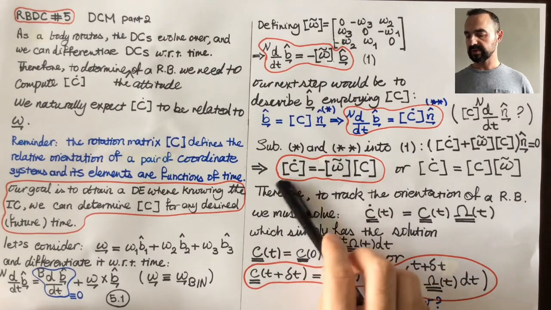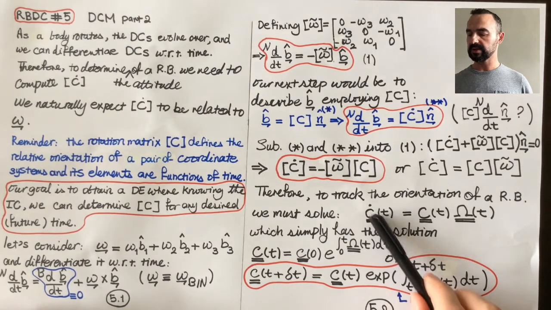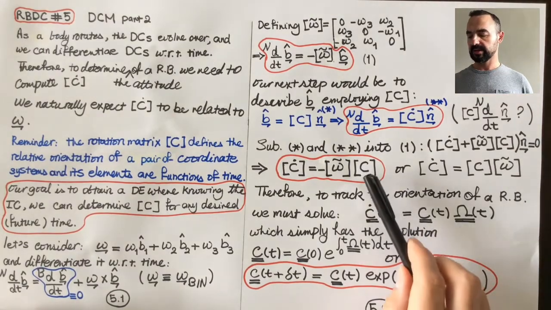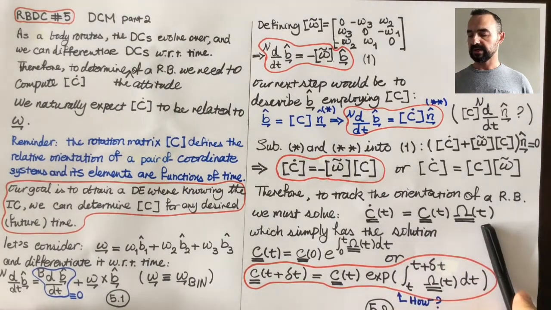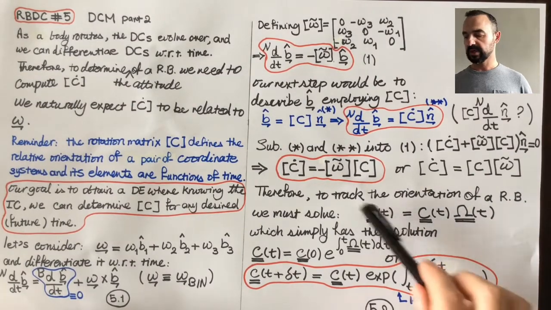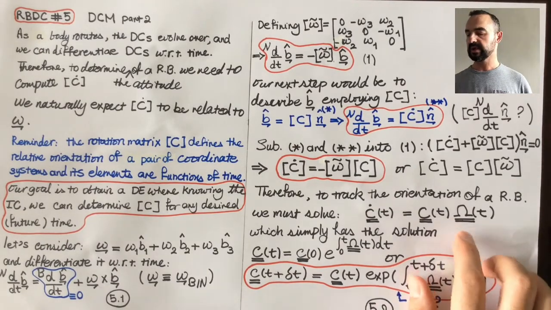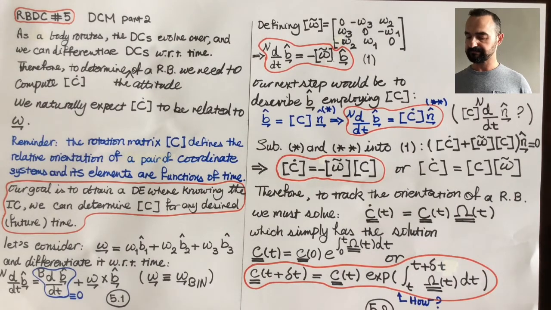So, if I'm just dropping these square brackets for clarity of notation, and just using this double underline, C dot is equal to C(t) omega(t). So I'm changing the order of this matrix product. I'm also replacing omega tilde with capital omega, which is again simpler. There is no reason, it's just simpler to write in capital omega form.